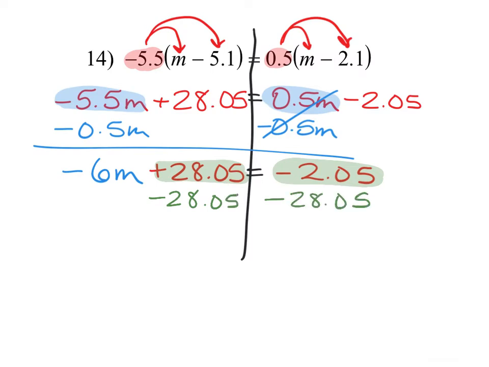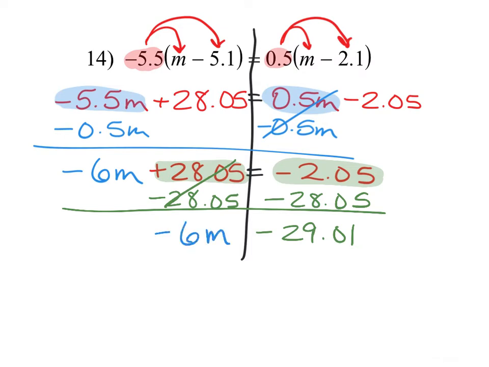And those are just regular numbers, so I'm going to line them up. Again, we do the inverse operation to actually move this number from side to side. And when we do negative 2.05 minus 28.05, we're going to get negative 29.01. So again, I just rewrite everything that I've worked with so far that is not crossed out.